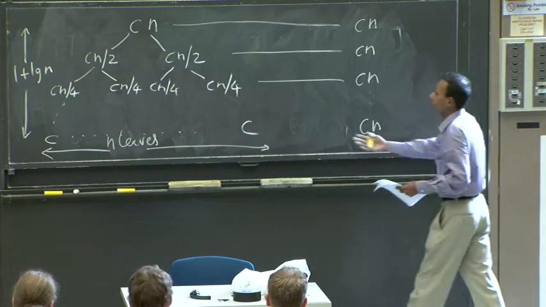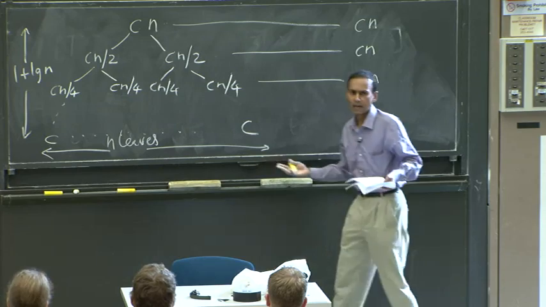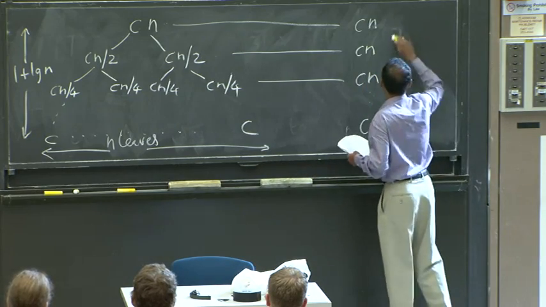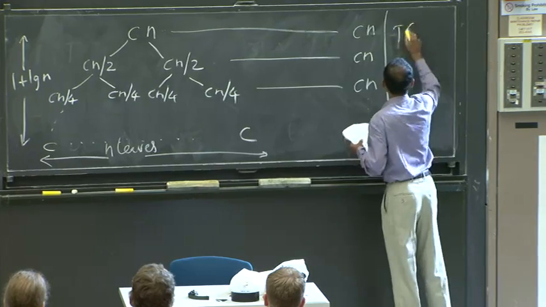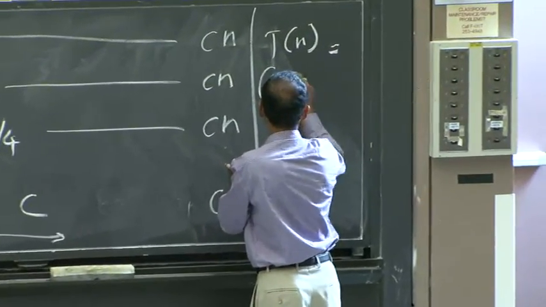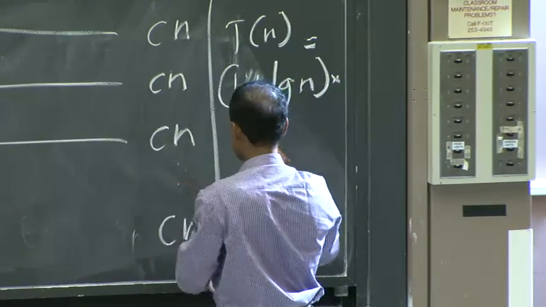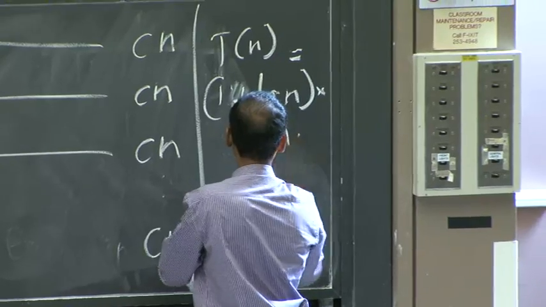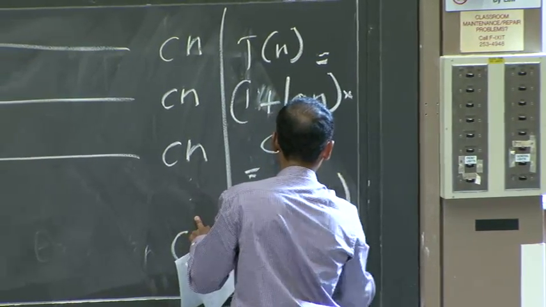And now you know how many levels there are. It's 1 plus log n. So if you want to write an equation for T of n, it's 1 plus log n times C of n, which is theta of n log n.